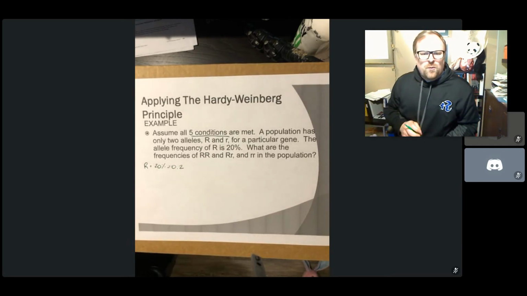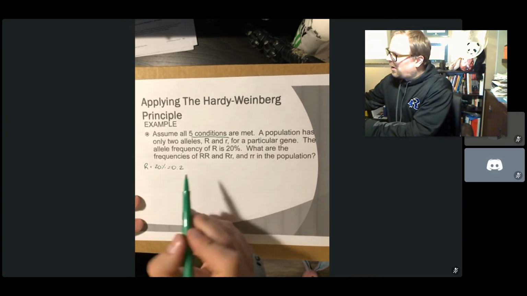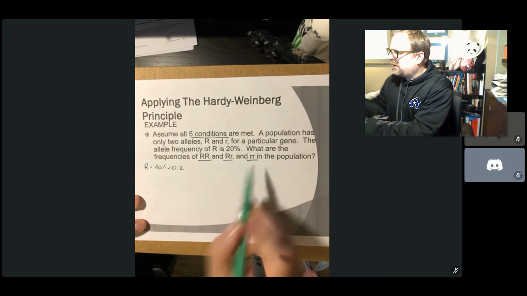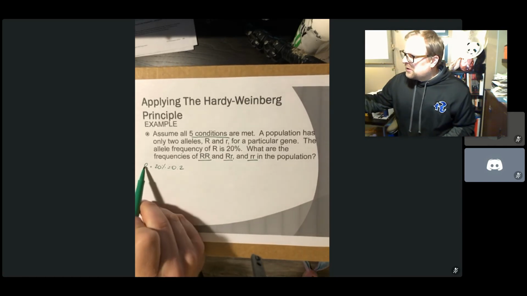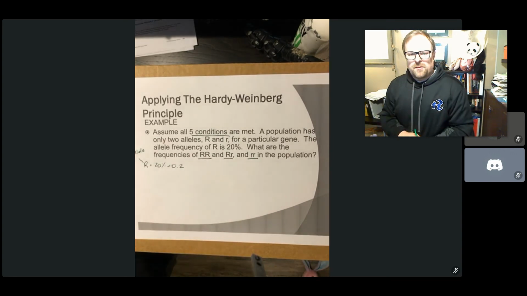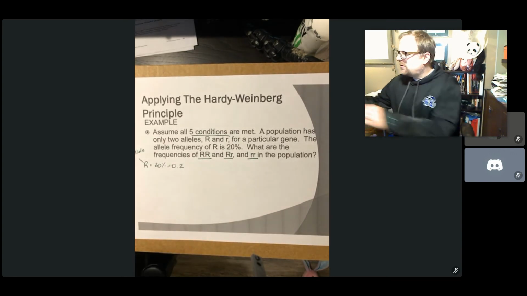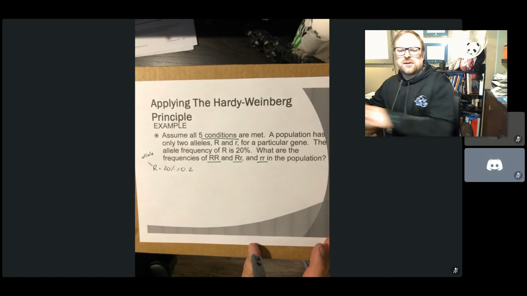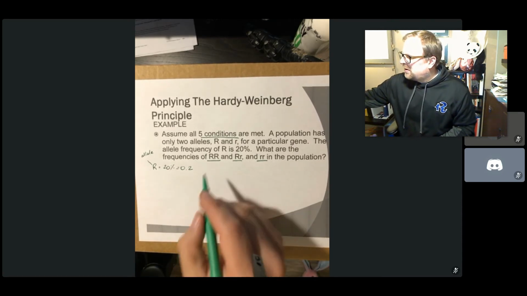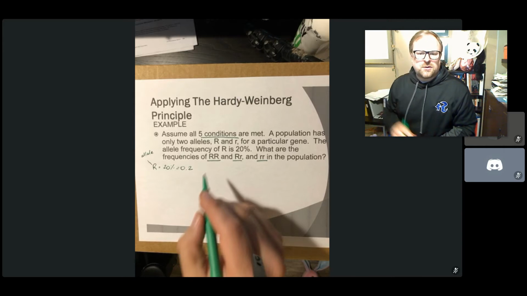What we're being asked in the question is what the genotype frequencies are for the population. So this is an allele frequency, right? This is our allele. What is our genotype frequency going to be, basically, is what the question is asking. So what is the possibility of this genotype, and that genotype?